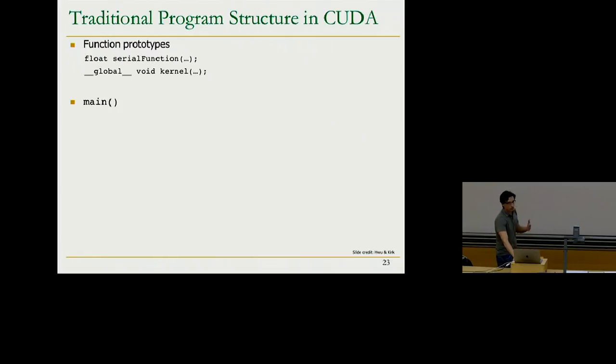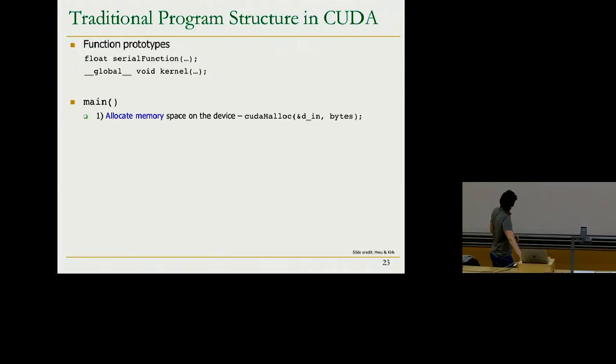In our program, we will have main. This is the main function in our C program, and that is going to be run by the host, by the CPU. The first thing that the host will have to do, besides allocating memory in its own memory, the main memory of the CPU, is allocate memory on the device using something very similar to malloc. This is called cudaMalloc, right? Then, at some point, we will need to transfer data from CPU to GPU.